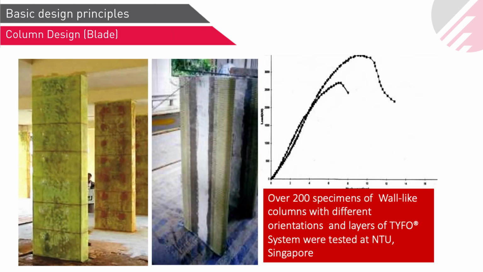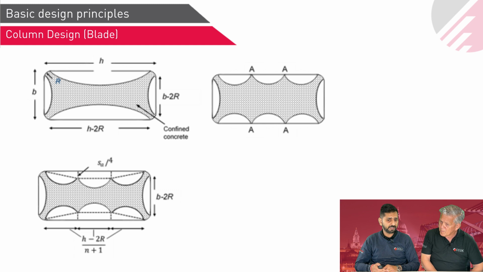Now, if we have even bigger aspect ratio columns, like wall-type columns or blade columns as we technically call them, we can use the same principle of combined bending and axial, confine them, and then see whether the confinement alone is effective or not. If it is not, then we could use super anchors or carbon fiber anchors going through the longer edge of the column.